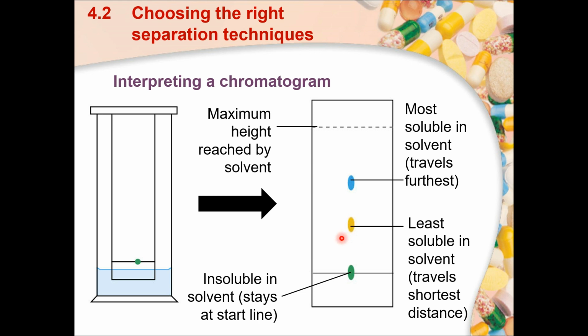And more importantly, this also tells us that our original substance was actually made of three separate parts, three separate constituents: something here, something here, and something here. We've been able to separate them and identify that there are three constituents of our initial dye.